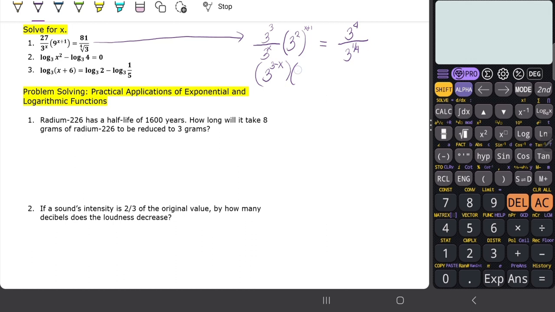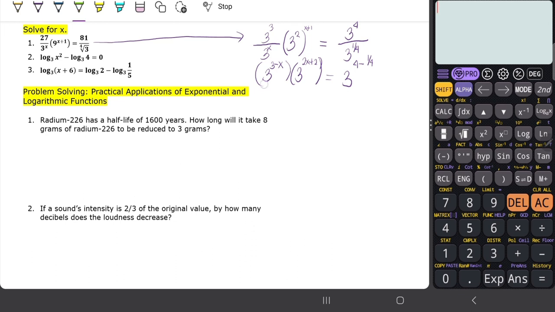So, this is 3 raised to 2x plus 2. And dito naman sa right side, 3 raised to 4 divided by 3 raised to 1/4. So, magiging 3 raised to 4 minus 1/4.